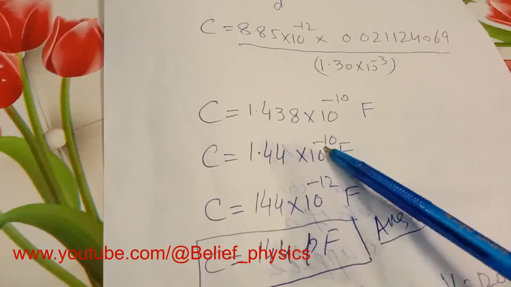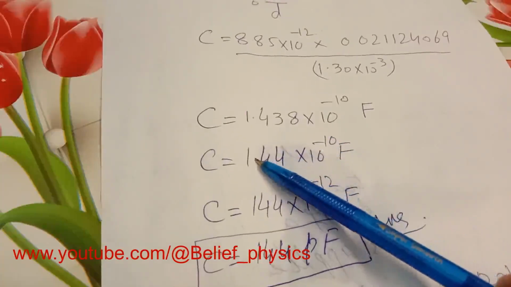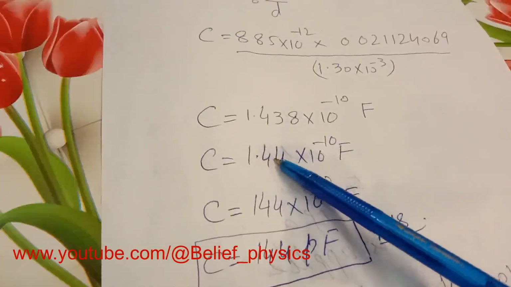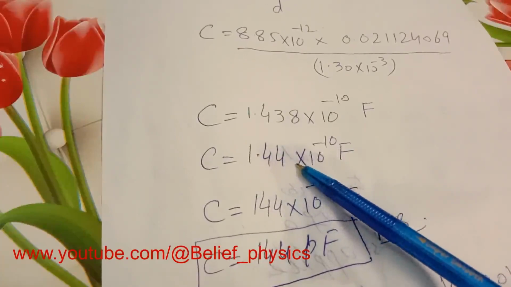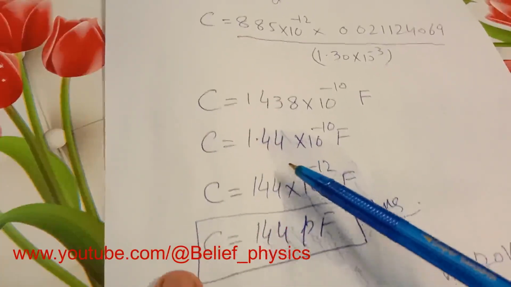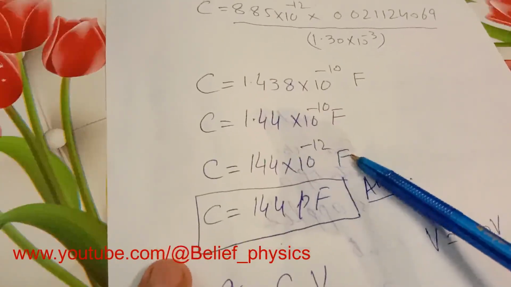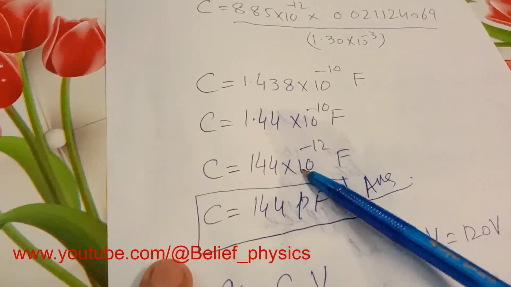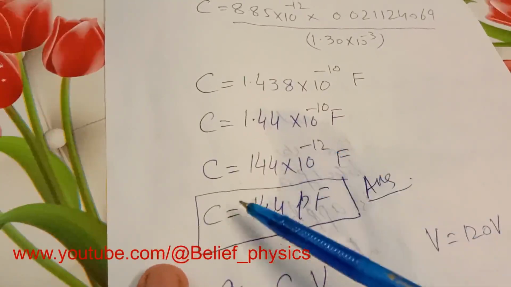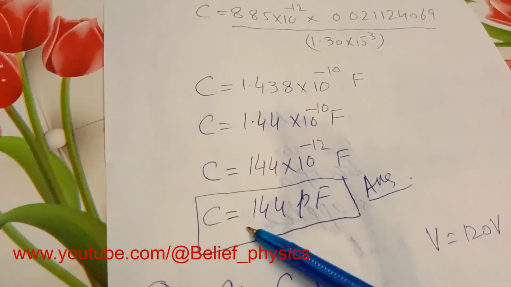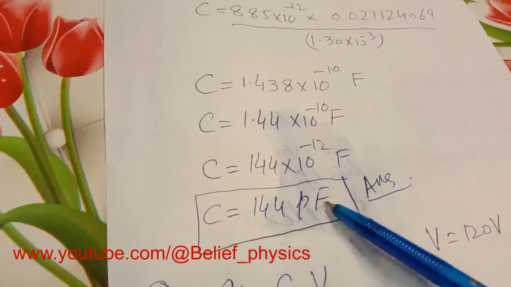In order to make it minus 12, we have to shift the decimal 2 digits towards the right-hand side, so it becomes 144 into 10 raised to minus 12 farad, or it can be written as 10 to the power minus 12 is pico. So capacitance of the capacitor will be 144 picofarad.